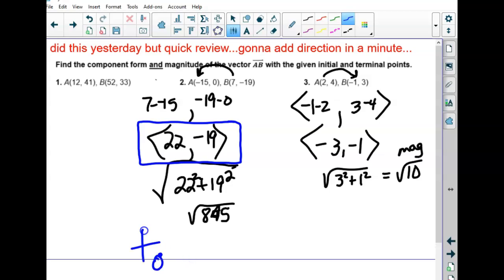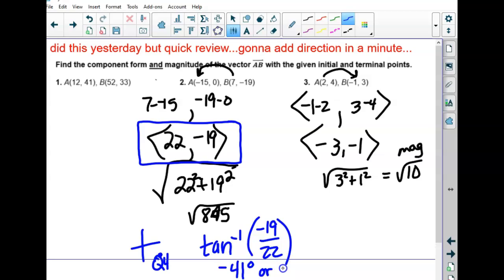So we would type inverse tangent of negative 19 over 22, because tangent is always y over x. I got negative 40.8, or we could just go with negative 41. That would be fine. Or you could add 360 to it and use 319. Everybody okay?